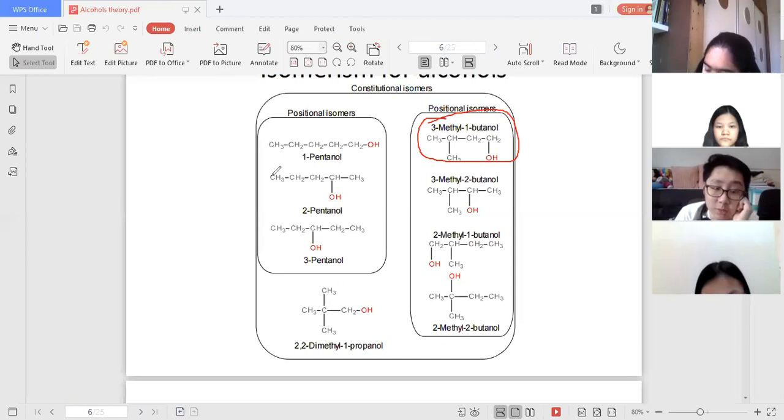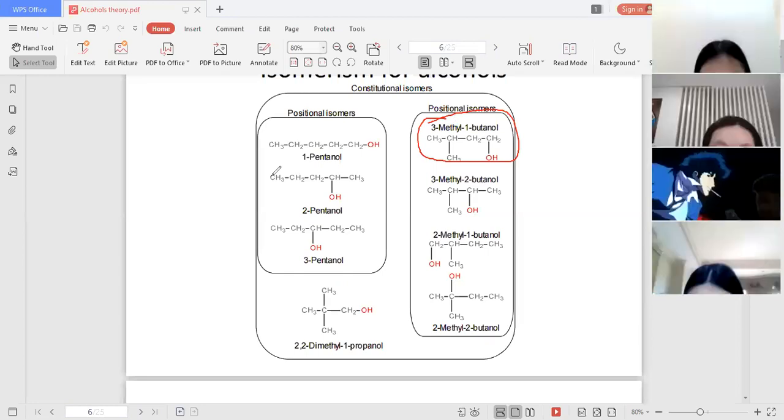Okay, let me ask Ariela. Ariela, can you help us state which isomers on the screen have optical isomers? 2-pentanol. 2-pentanol, yes, it has optical isomer.